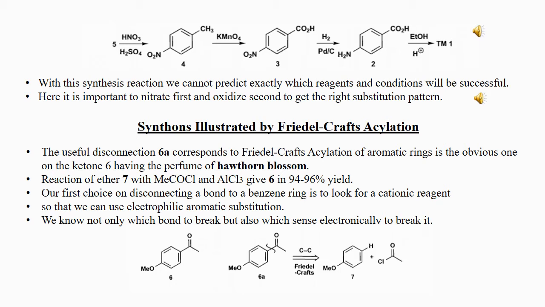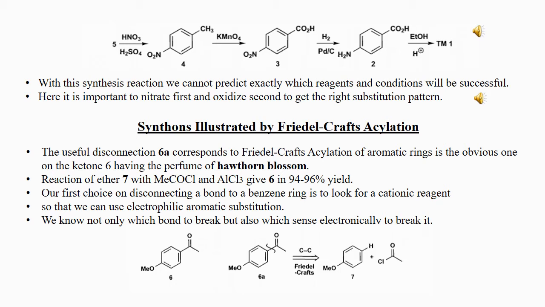After disconnection of different functional groups from the target molecule, the materials obtained with the imaginary disconnection are called synthons. Synthons are the materials which we can use to prepare the target material.